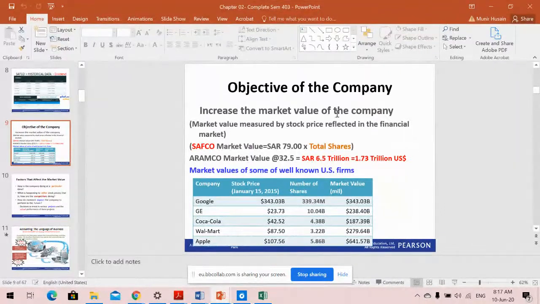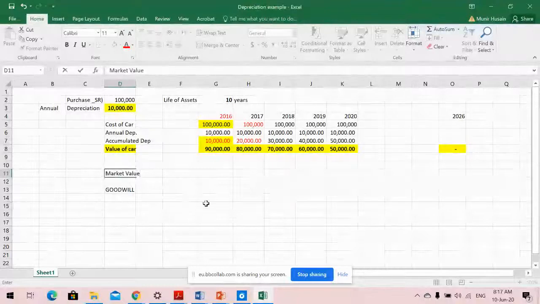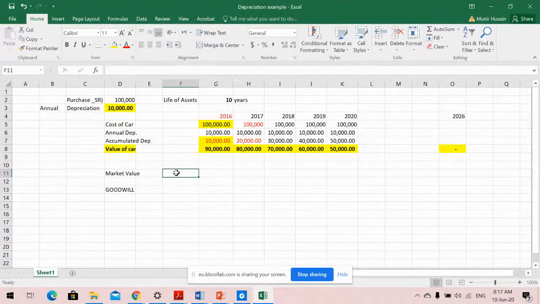Now, what is the market value of Aramco? Let's say it is 1.73 trillion US dollars, as an example. And Safco decided to purchase, let's say, I will just write 1.73 trillion.